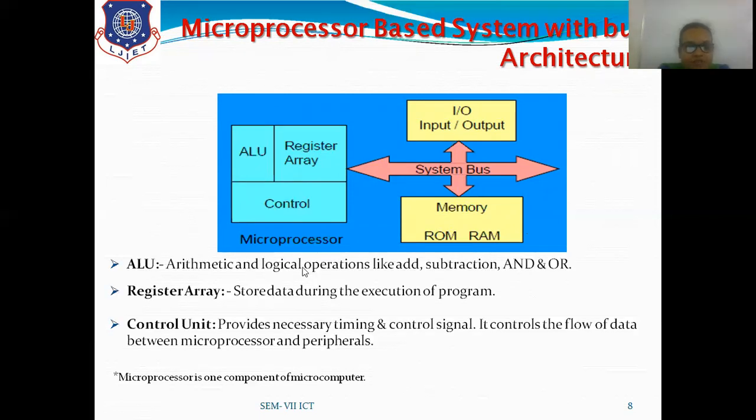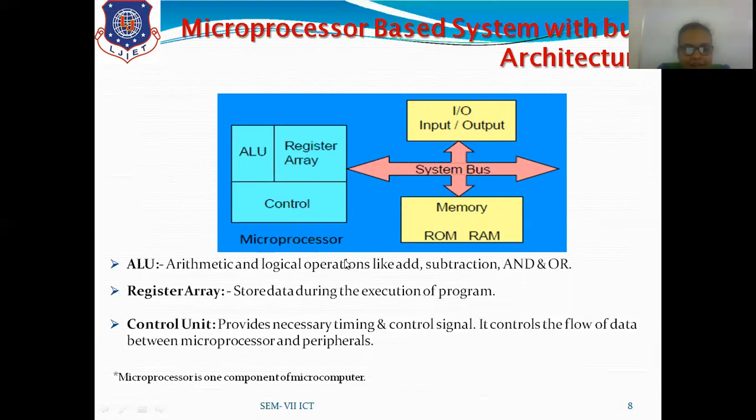First of all, going with the ALU. What does the ALU do? The ALU does arithmetic and logical operations like add, subtract, AND, OR. Then the register array. What does the register array do? It stores the data during the execution of the program.